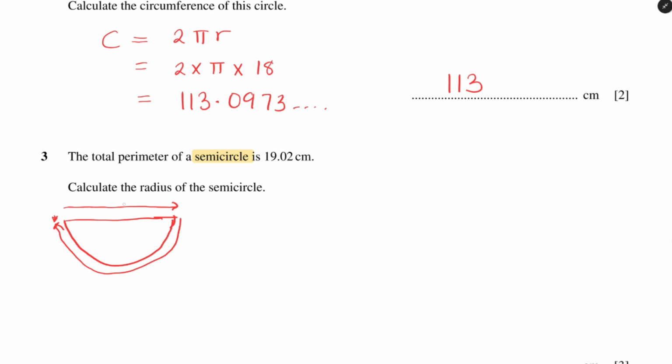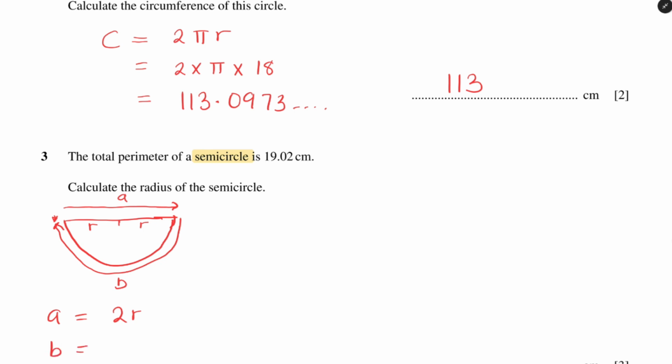Okay, so this first portion, let's name it A, and this second portion, let's name it B. We know that our A portion is what? 2r. Because since it's a semicircle, this will be the center here, this will be a radius, and this will be another radius. So A is 2r.